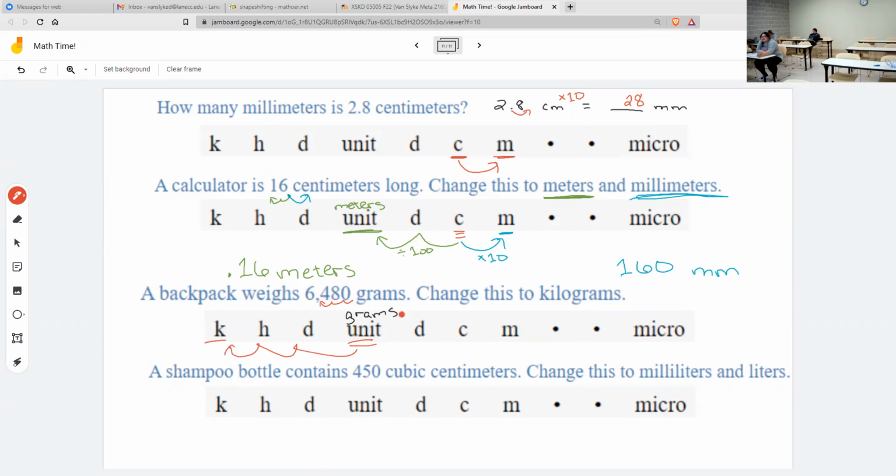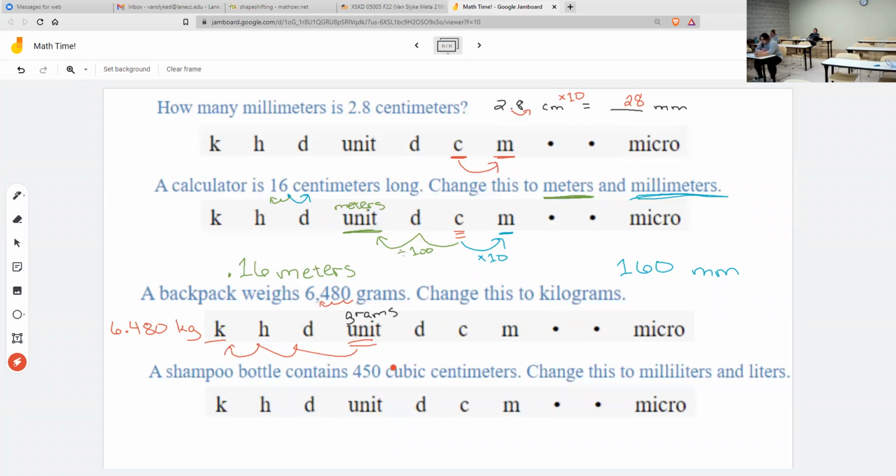So we get 6.480 kilograms. Should I keep the 0? It's up to you. We're not exaggerating how much accuracy we know. But it is true that 6.48 and 6.480 are the same thing, except for how much accuracy I am describing.